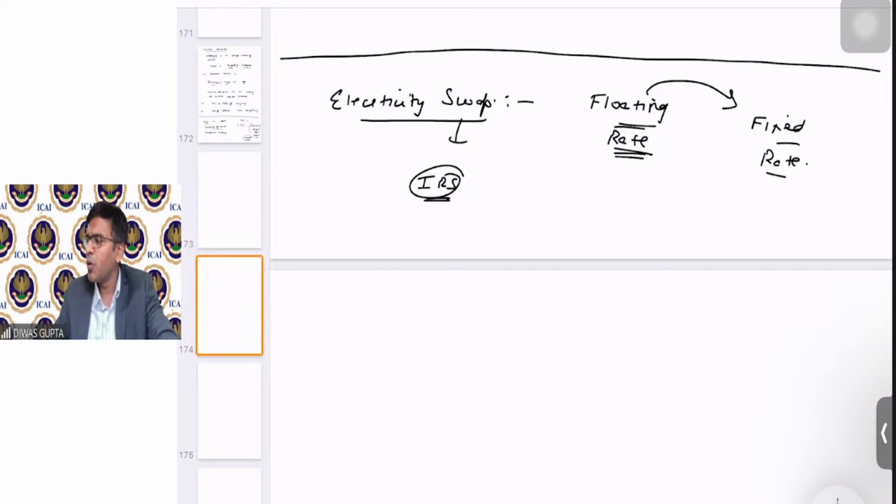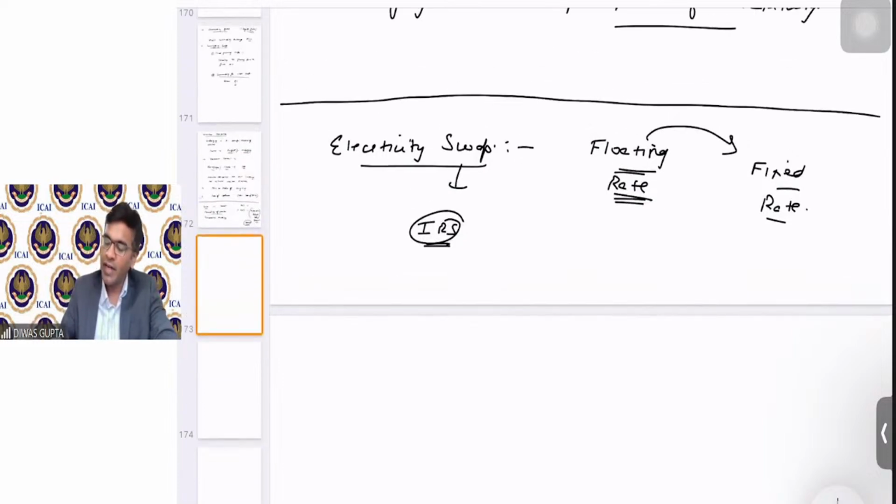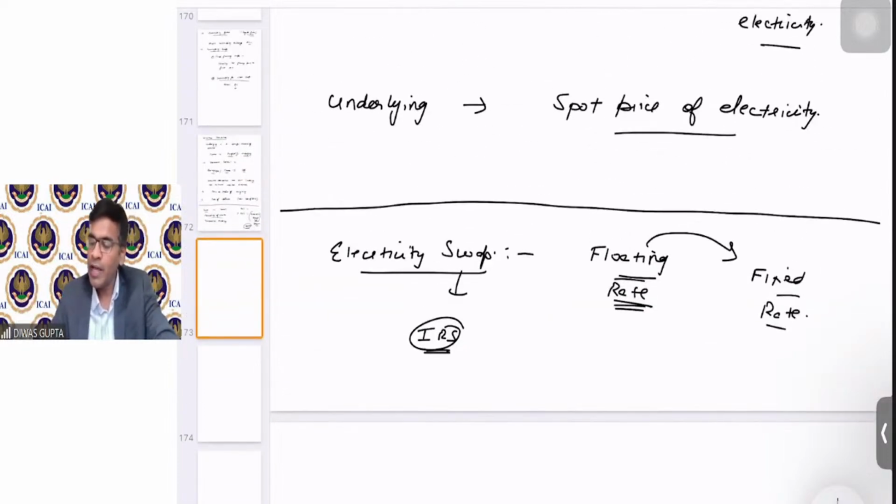But as of now, to understand what a swap is, it exchanges the values from floating to fixed or fixed to floating, vice versa also. So that will help us hedge against floating rate positions.